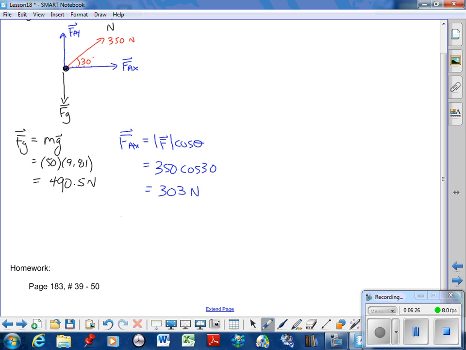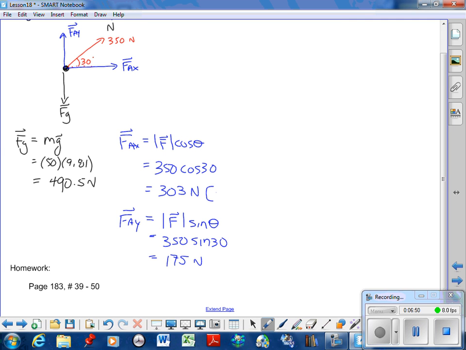Next, we'll find FAY. So FAY is going to equal the magnitude of the force times sine theta, so it's your y component. So 350 sine 30. Punching that through the calculator, I get 175.